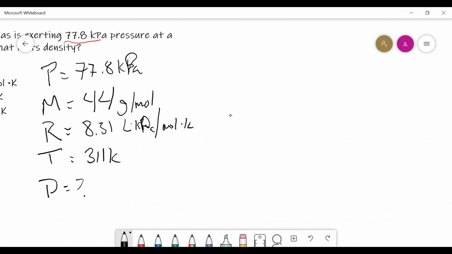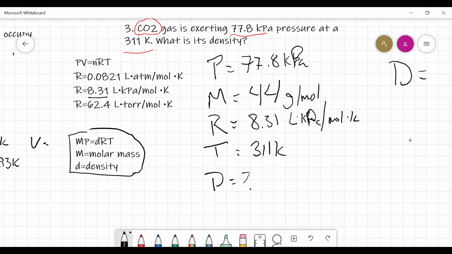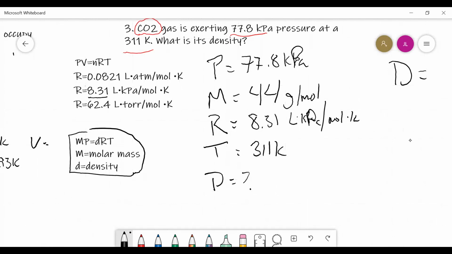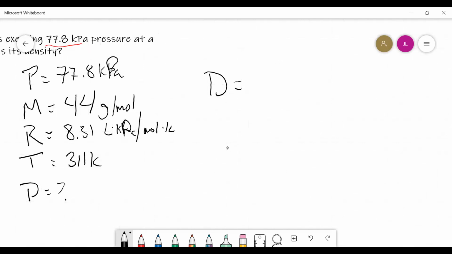Seeing that, we can now plug this in. If we solve for density, molar mass times pressure equals density times RT. Solving for density, we get molar mass times pressure over RT.